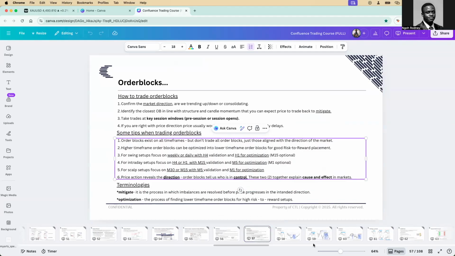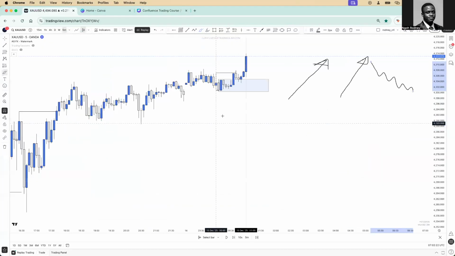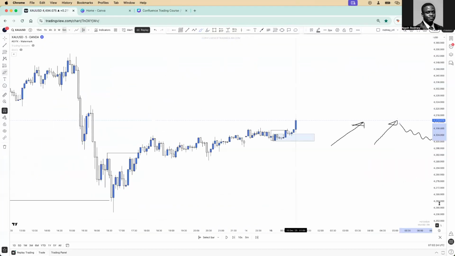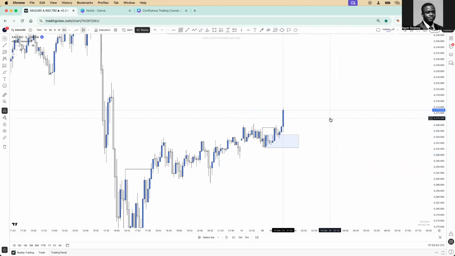Now, the reason why in this situation I'm going to M5, if you are wondering, is that, let me try to explain it in a way that is easy. Because I've been doing this for long, I kind of just know that this is the time frame you should go to, but I don't really explain why.